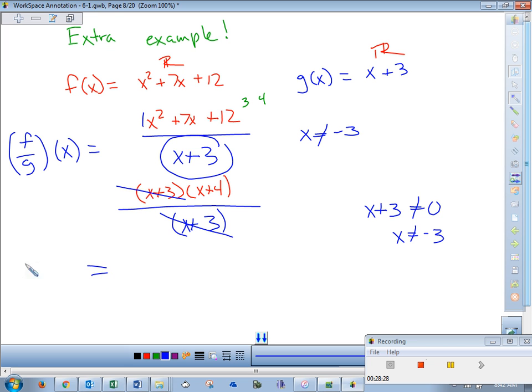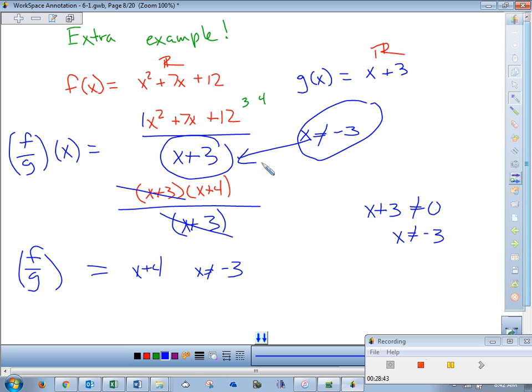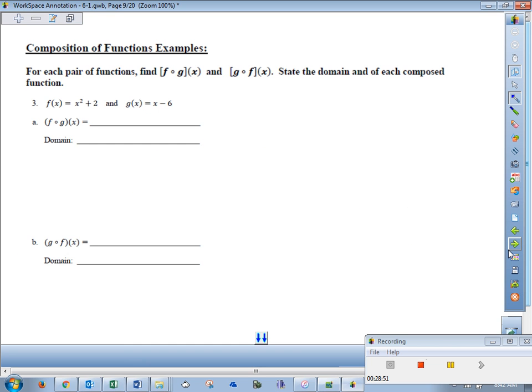So this answer, f over g, is really just x plus 4. Are there any restrictions in the domain, though? x can't equal -3. We originally had a problem right there. He will be in your final answers as a problem. Woo! All right. Now, compositions of functions.